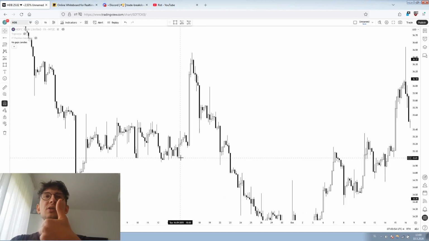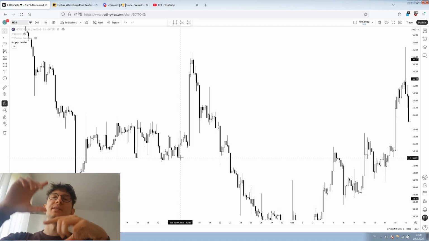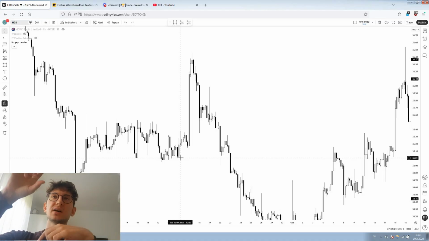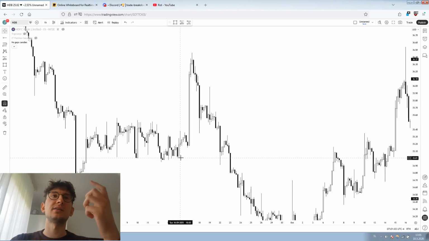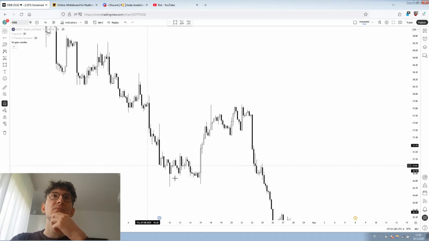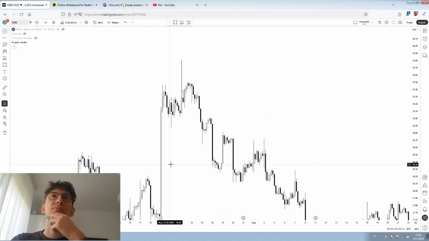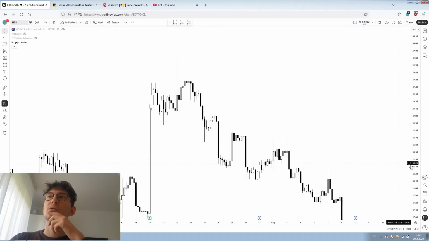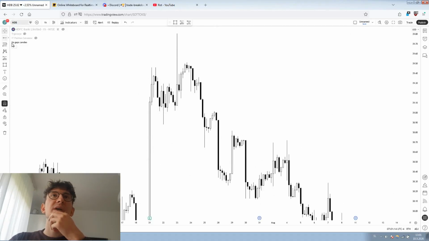Okay, you wait for liquidity sweep, you wait for break of structure, and then you connect the most recent high with the most recent low and you get an equilibrium. Okay, for example, look over here, we have liquidity sweep.